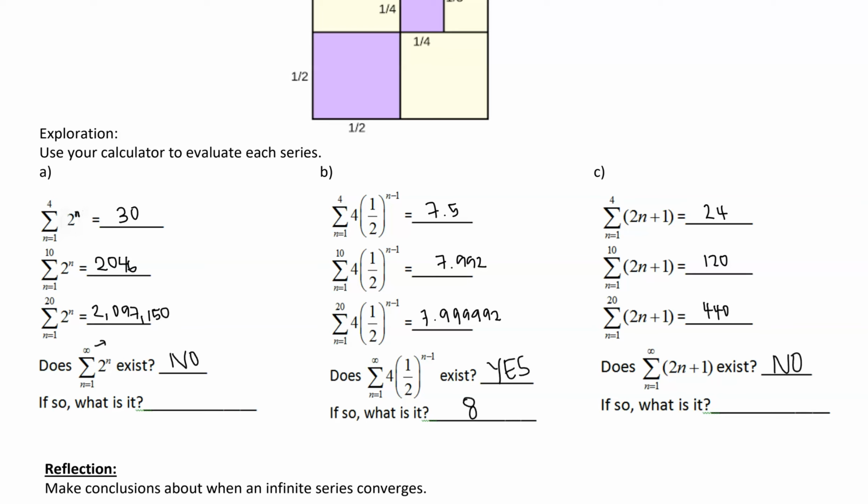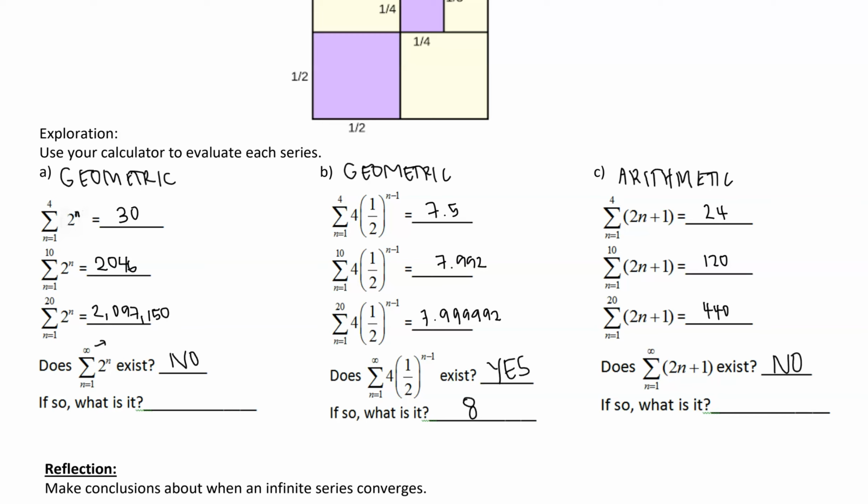First, let's look at the types of series that I'm looking at. This first one is geometric. The second one is also geometric, right? What about this one here? This one is arithmetic.